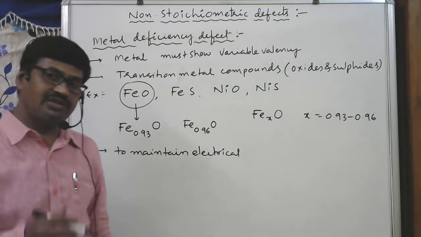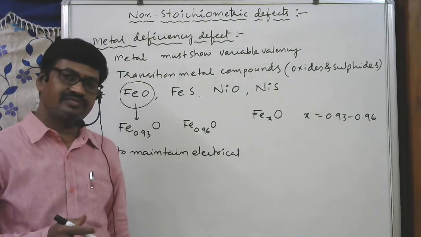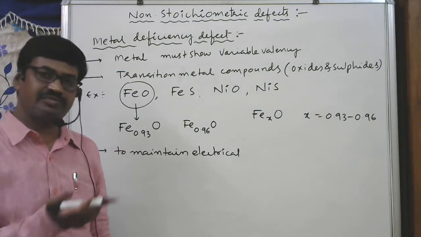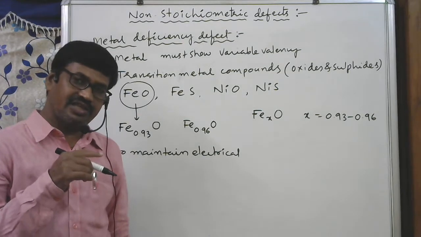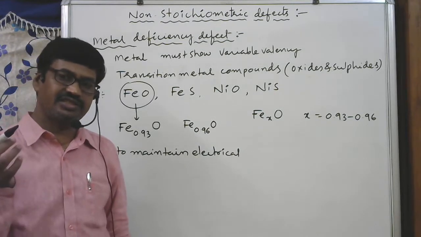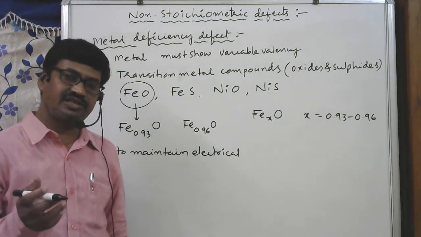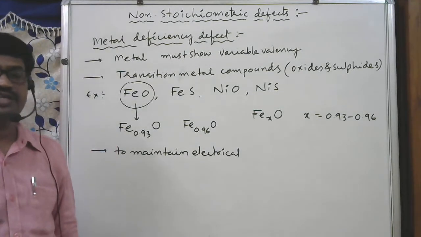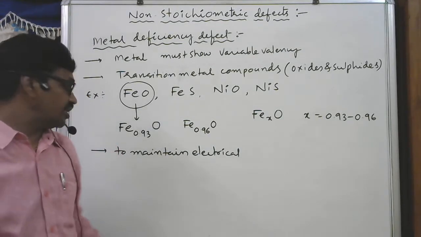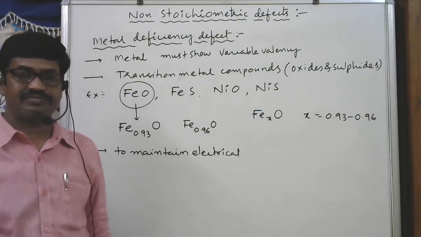Some of the anions are missing from their original sites, due to which the metal becomes indirectly excess, so we can say metal excess defect. The electrons which occupy the interstitial sites with extra cations, or the electrons present at F centers, can maintain electrical neutrality, and that is the reason for color also. But here, to maintain electrical neutrality, the electron concept is not present.